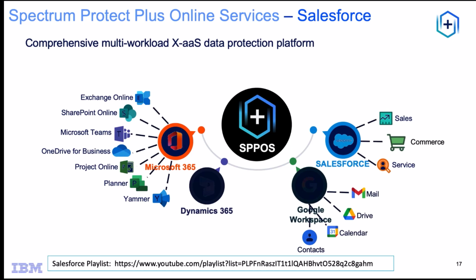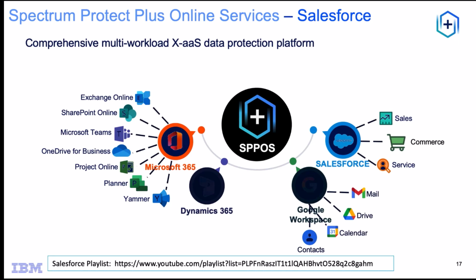As you can see using this chart, earlier in the year, we provided the ability to protect Microsoft 365 data with Spectrum Protect Plus for online services, delivered as a comprehensive multi-workload software as a service data protection platform.